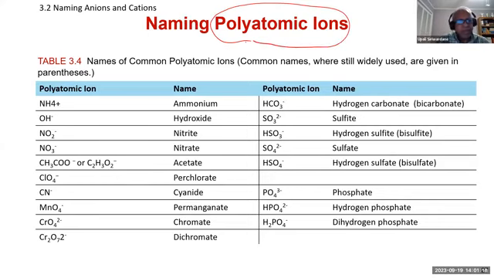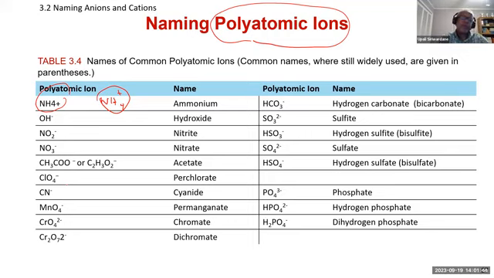Polyatomic means they contain more than one atom. Ammonium is the only polyatomic ion here with a positive charge. The rest of the polyatomic ions have negative charges. You need to remember this.